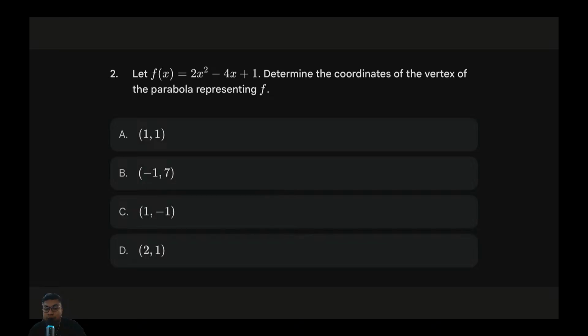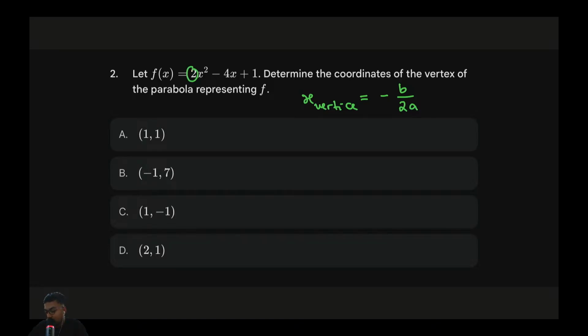So to determine the vertex, we should know the formula for finding the x-coordinate of the vertex. The method that we can apply to find the vertex for this function: first of all, we must find the h-coordinate of the vertex, which equals negative b over 2a. What is b and what is a?